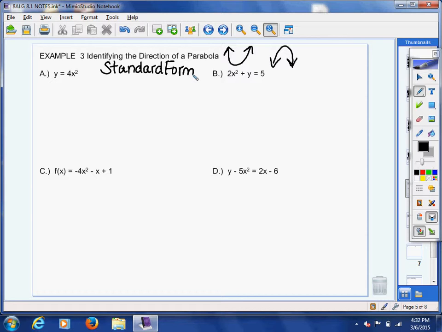A is the number that's in front of your x squared. So in this case, in letter A, little a is 4. Okay? If the coefficient A, which is in front of your x squared, is a number that's bigger than 0, in other words, it's a positive number, then it's going to open up.